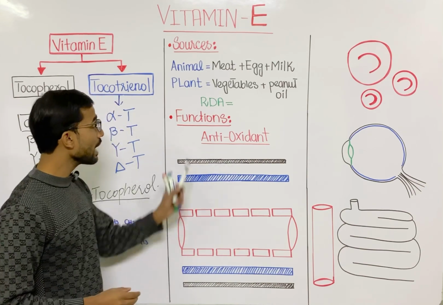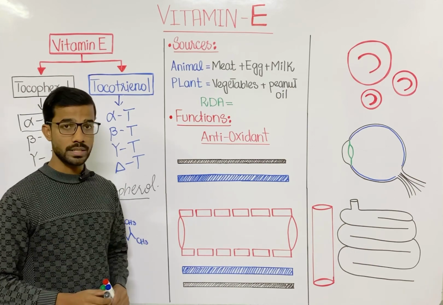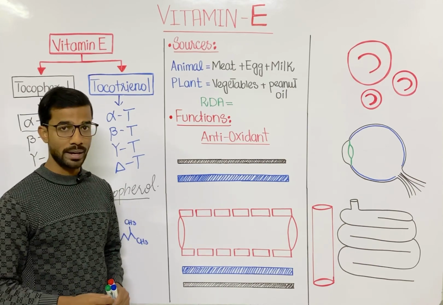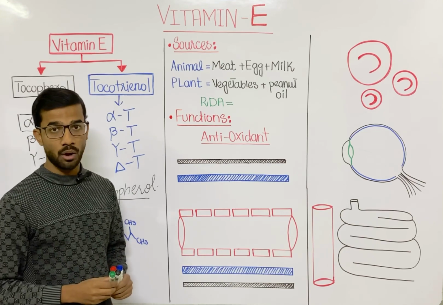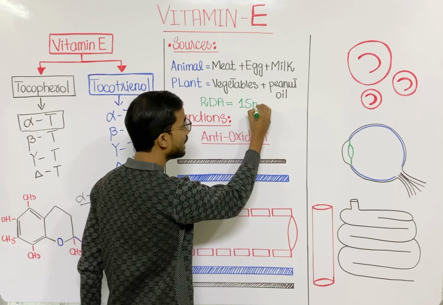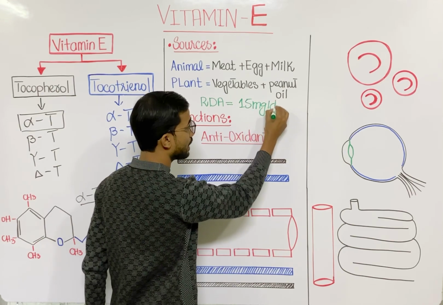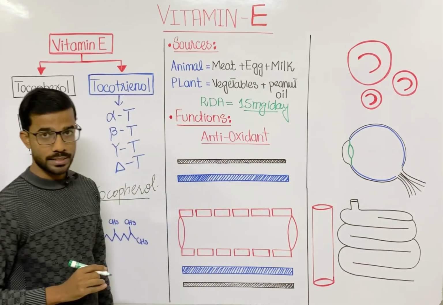Plant sources include vegetables, oils, and peanut oils. The recommended dietary allowance is 15 milligrams per day for adults.